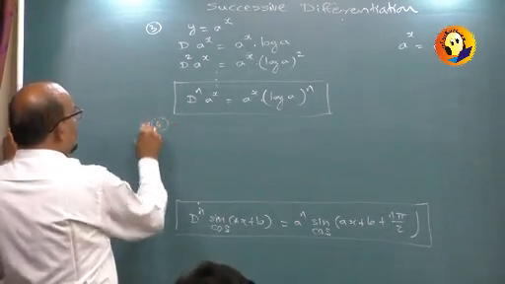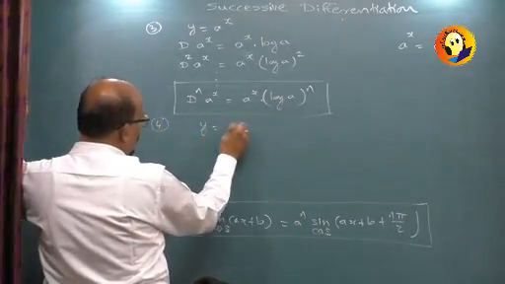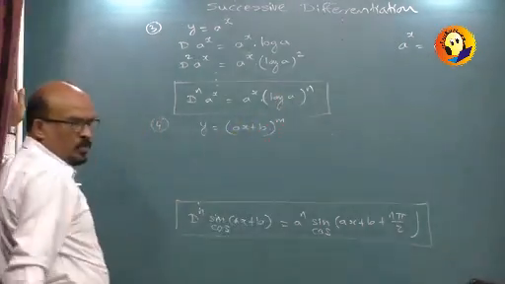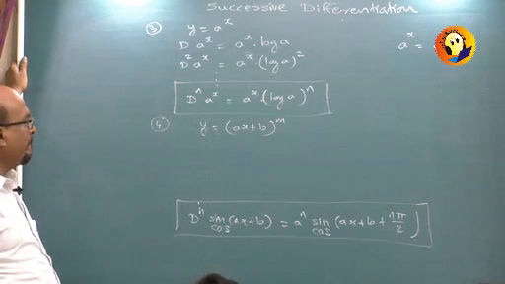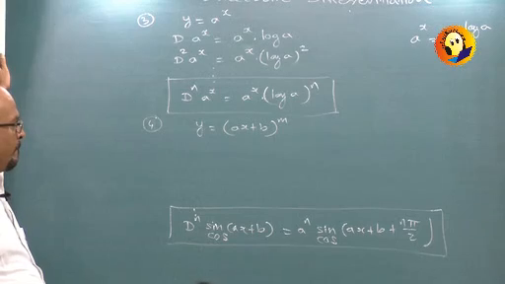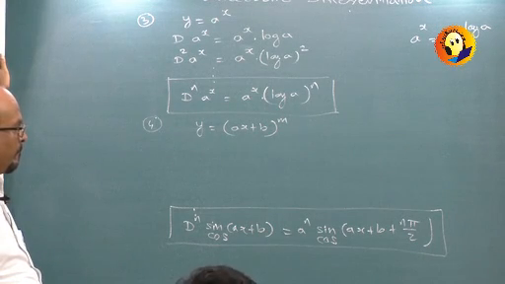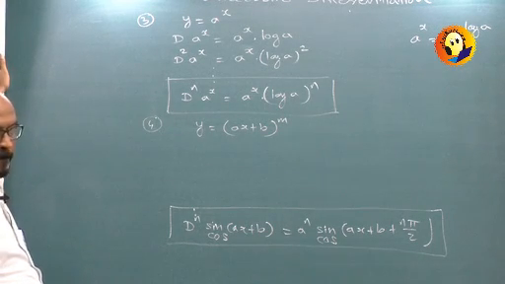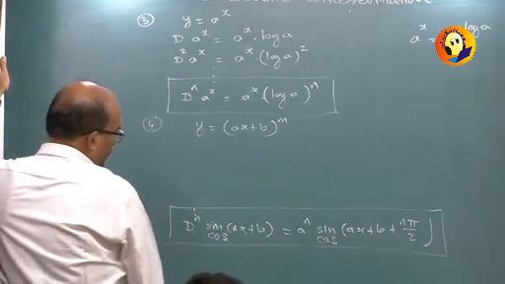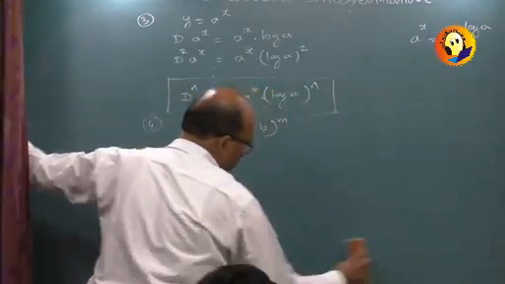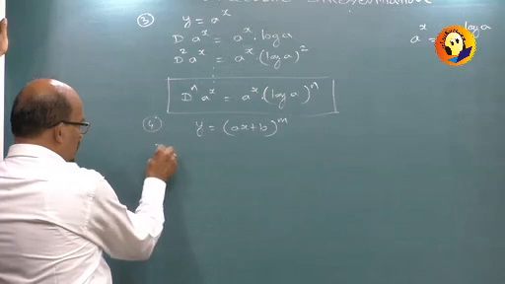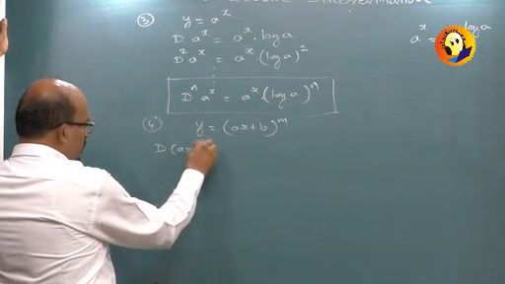And the fourth one is interesting. Y equal to ax plus b raised to m. Now the things begin. So what is D of ax plus b raised to m?